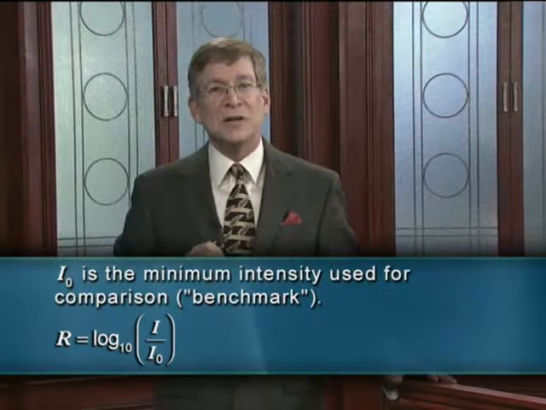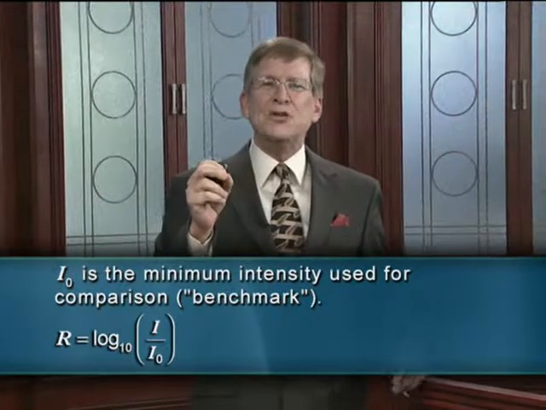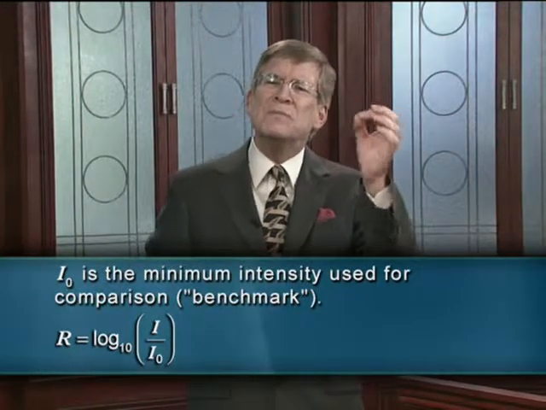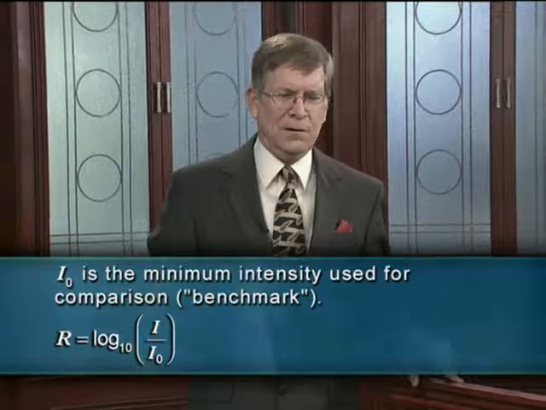And here I sub 0 is called the benchmark intensity. It's the minimum intensity used for comparison. Intensity is kind of a measure of the wave energy of an earthquake. Again, I'm not going to use these examples any more today, but if you're reading a geology textbook, you'll probably bump into this definition. Hey, and now you know what it means.